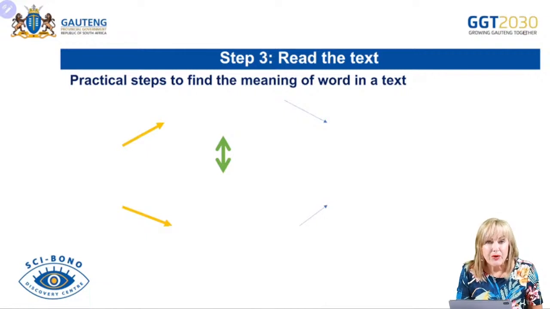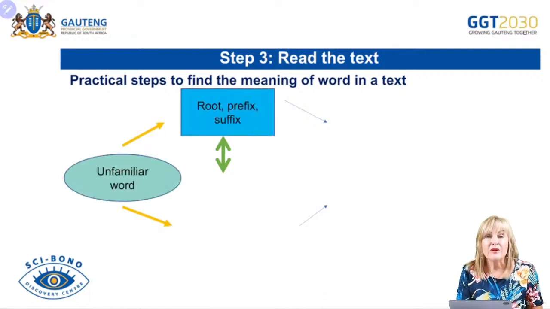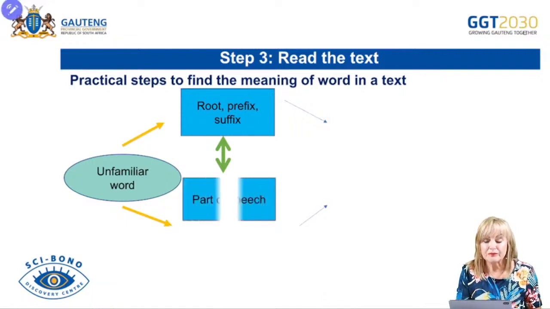Let me give you some practical steps on how to find the meaning in a text of a word. There's an unfamiliar word. Then you must find the root or the prefix or the suffix of the word. So find the root. What is the prefix? What is the suffix? Remember, prefix means before and suffix is after the word.